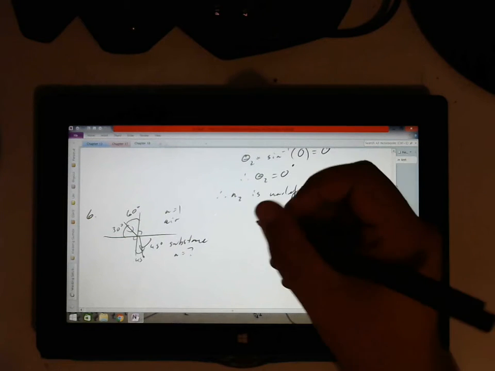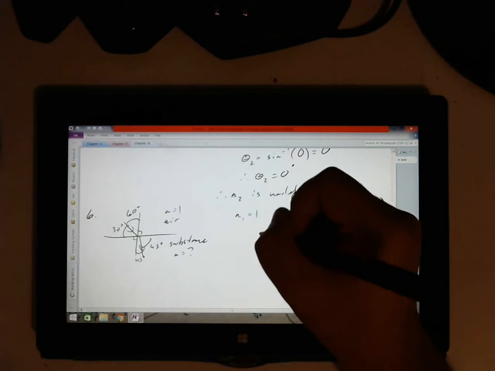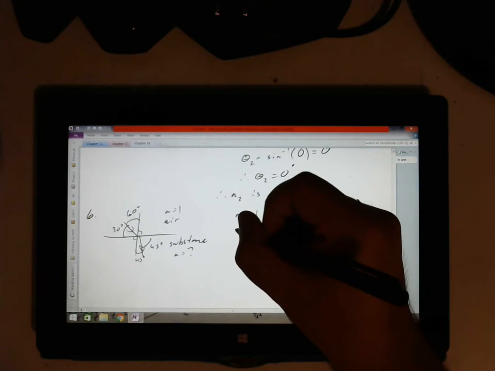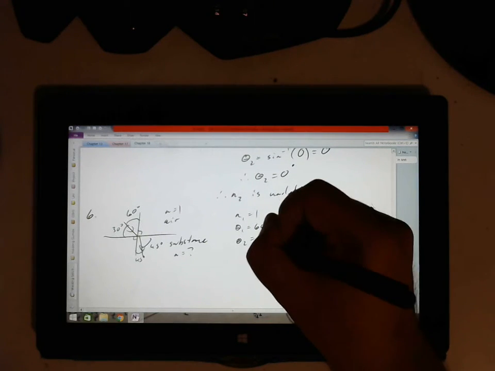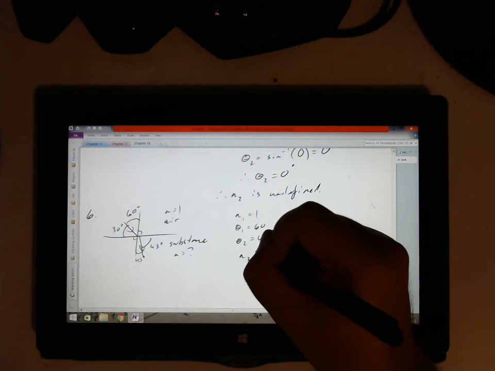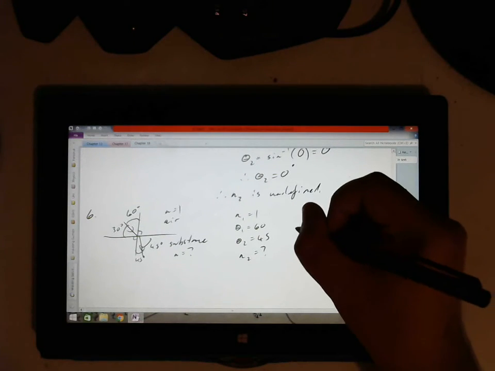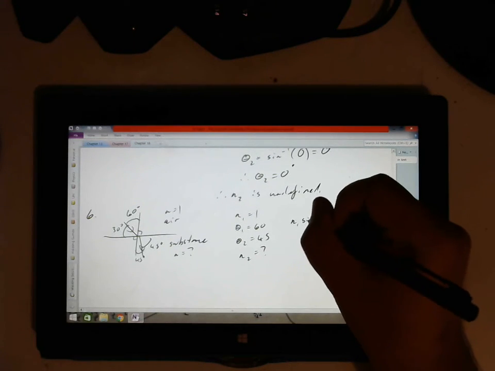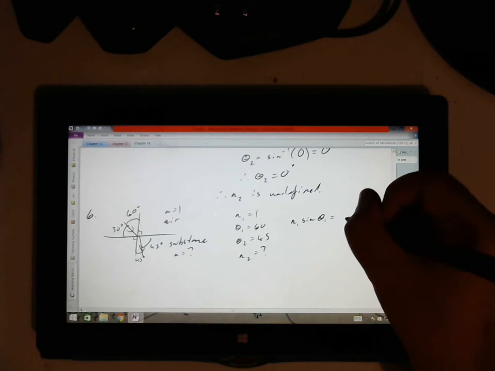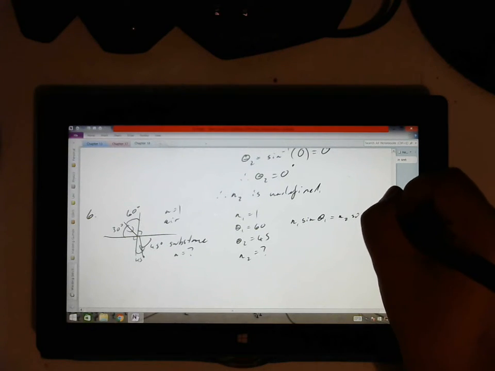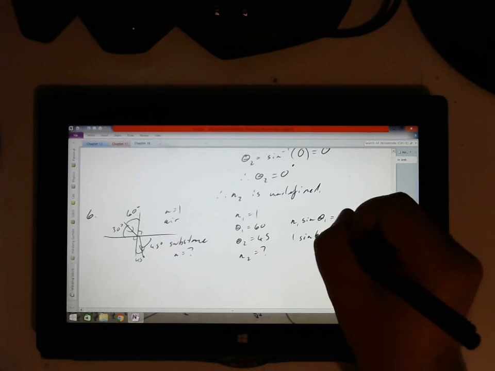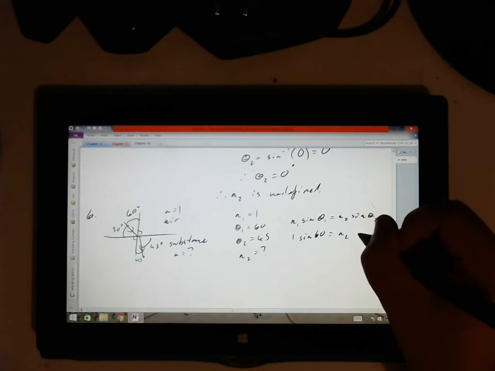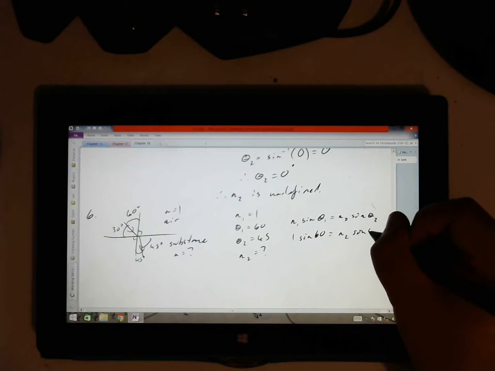Now we can do what we did before. n1 equals 1, theta 1 equals 60, theta 2 equals 45, n2 equals dunno, let's use Snell's law, n1 sine theta 1 equals n2 sine theta 2, so 1 times sine of 60 equals n2 sine of 45.